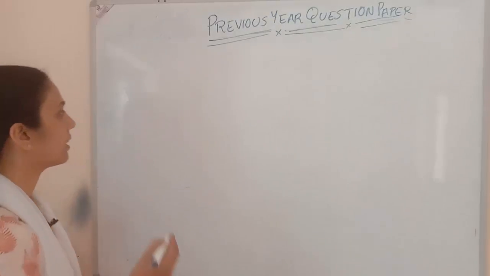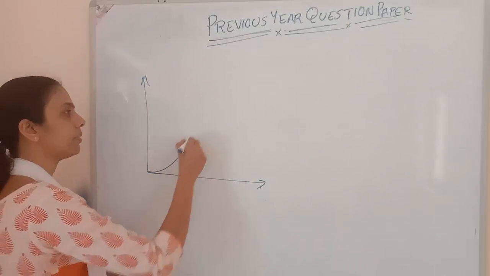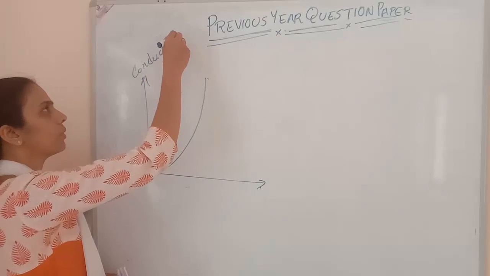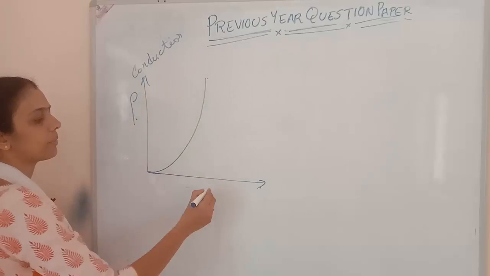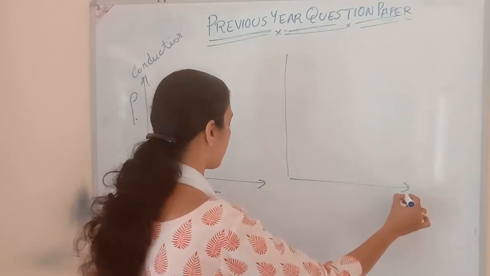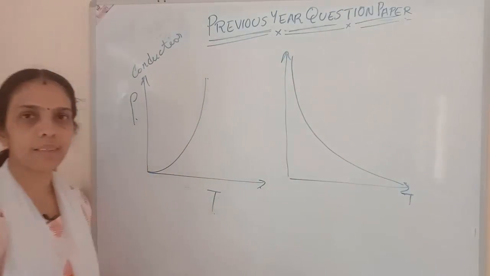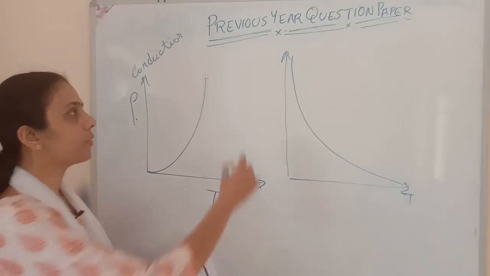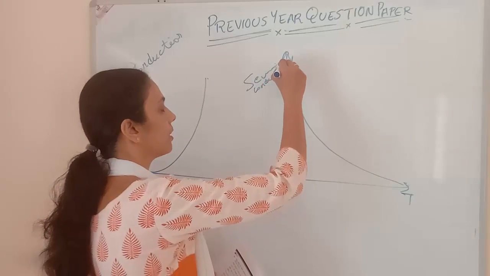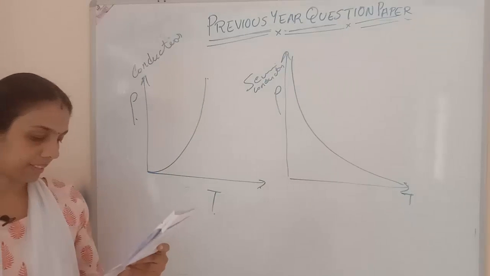The resistance increases, and the same applies to resistivity. That is the graph for a conductor. But in the case of a semiconductor, as temperature increases, the resistivity decreases, isn't it? So this is for a semiconductor, resistivity and temperature. Here for a conductor, resistivity and temperature.